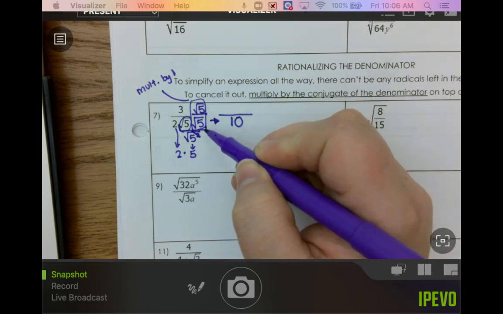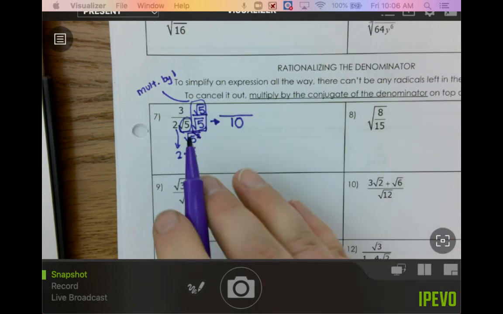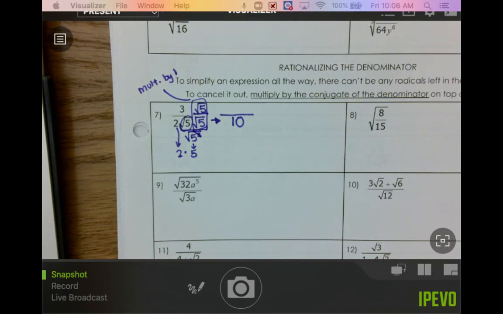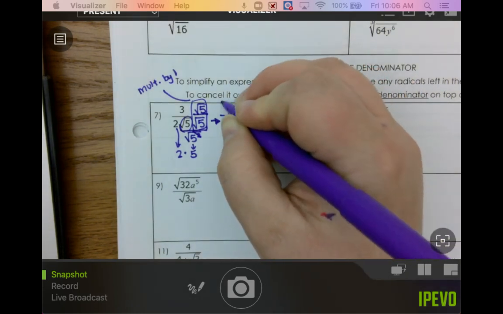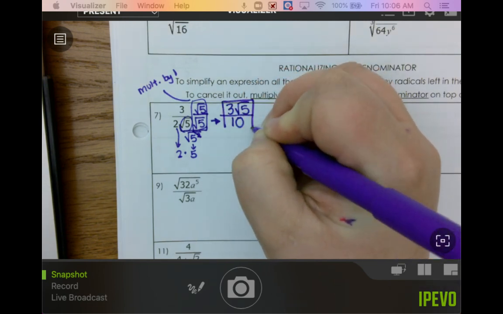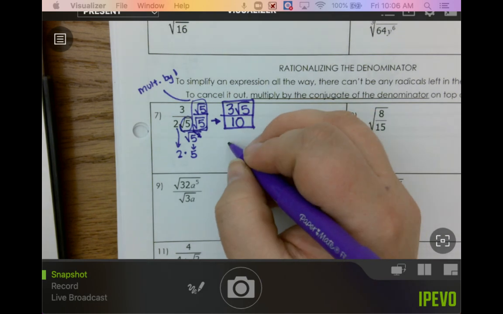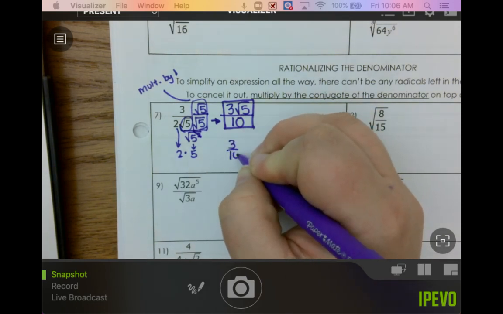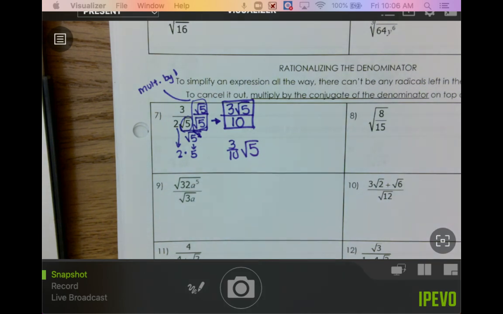So I have to multiply by the square root of 5 on the top if I did it on the bottom to get rid of my square root, which makes the top part, instead of 3, it's 3 square roots of 5. Which just makes this number a little bit easier to work with, because you could also consider this as 3/10 times the square root of 5. So that then, if you had other square roots of 5, you could actually add the fractions together.